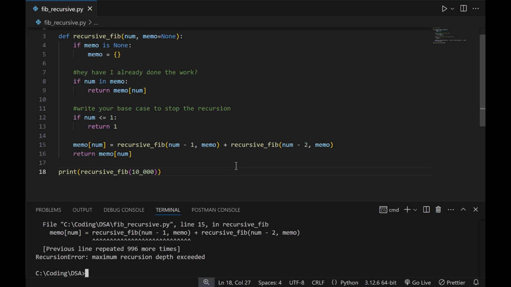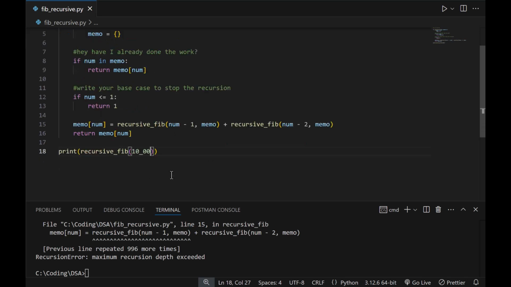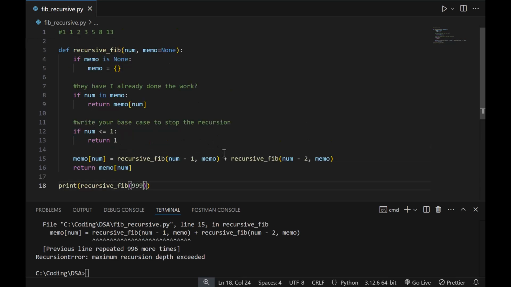You can set that yourself or try to get rid of the limit, but I would not recommend that. So if you're experimenting with this and going for really large numbers, I'm going to warn you that if you go even a little bit over 1,000, you get maximum recursion depth exceeded. I believe 1,000 is the upper limit of what you can get. So that's why I picked 999, so that we would get right under it.